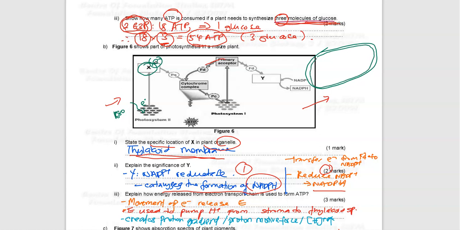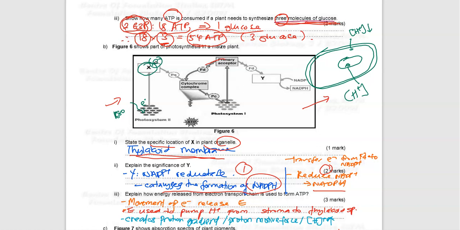The fluid inside the chloroplast, we call it as stroma. The concentration of hydrogen ion in the stroma has to be low. Inside you have the thylakoids. The thylakoid space has to have a high concentration of hydrogen ion.